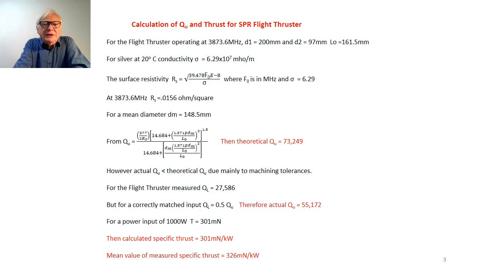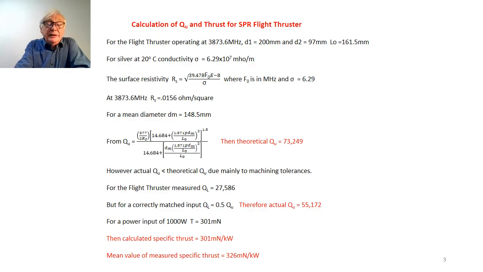If we put this into the thrust equation for a power input of 1000 watts, we get a thrust of 301 millinewtons. So we've calculated a specific thrust of 301 millinewtons per kilowatt.